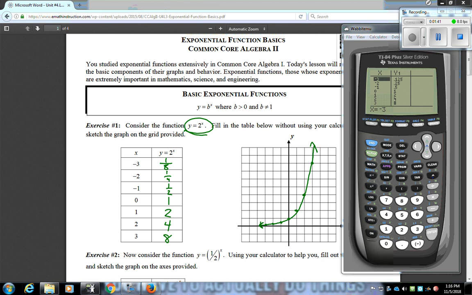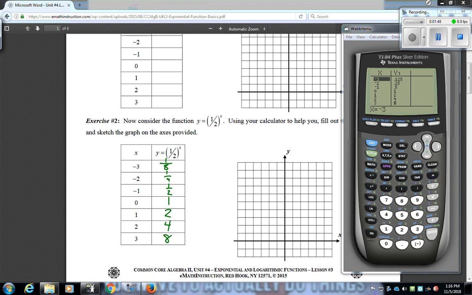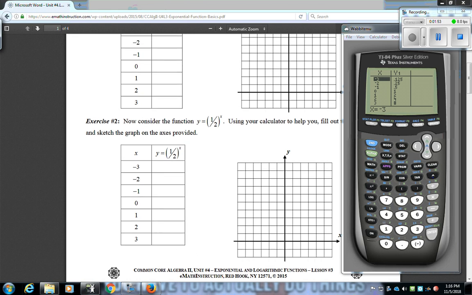I'm going to go ahead and erase that. Now, for exercise 2, they want us to do (1/2)^x. So, I'm going to go ahead and change this to a 1/2, and then exponent to the x, second graph.